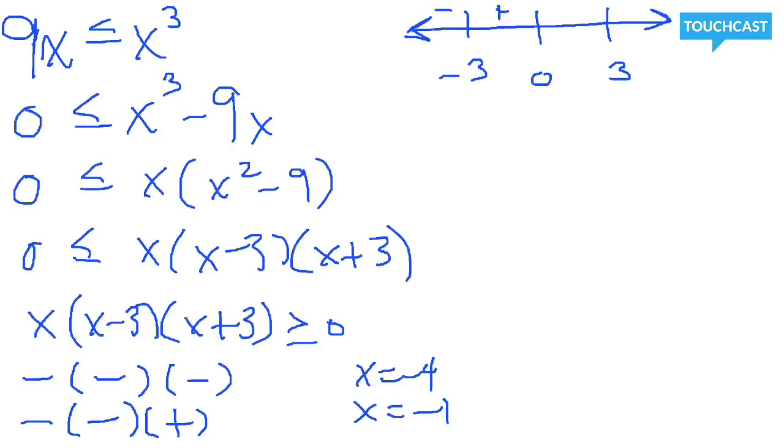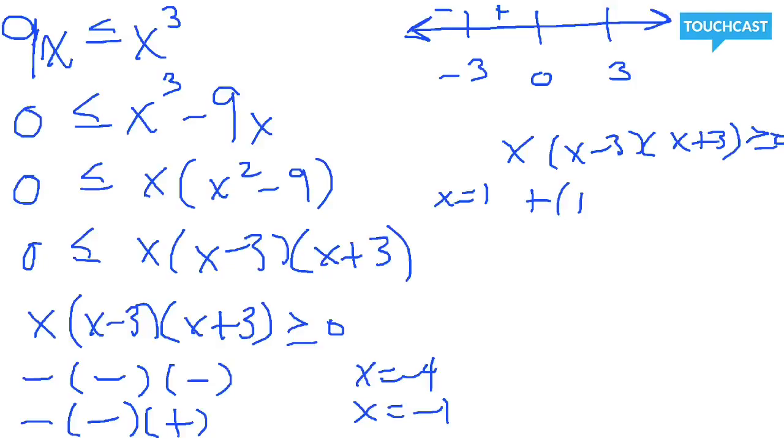If I let x equal +1, I'll write this out again. I have x times x minus 3 times x plus 3 is greater than or equal to 0. If I let x equal +1, it's going to be a positive times a positive. Oops, nope. 1 take away 3 would be negative. 1 plus 3 would be positive.